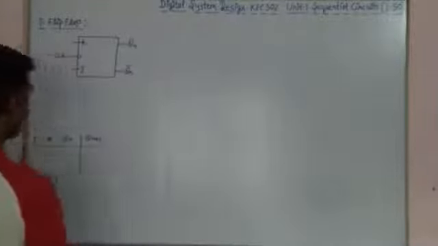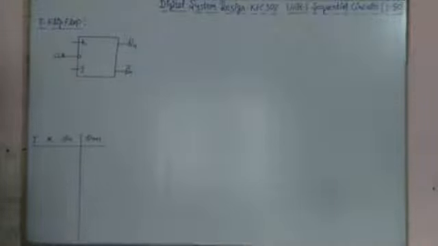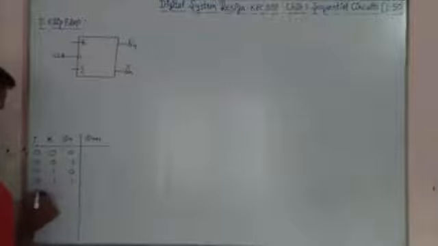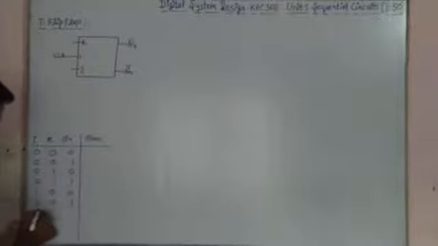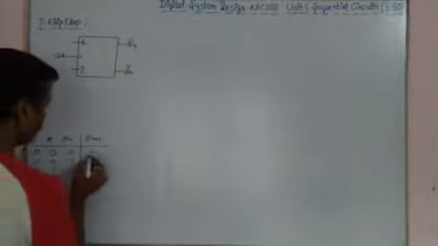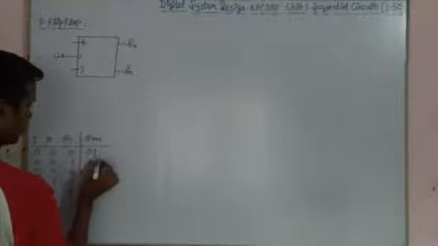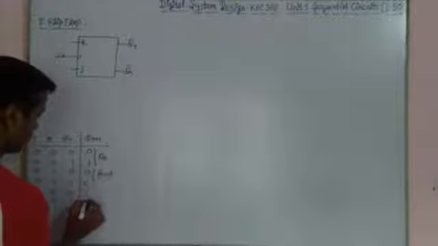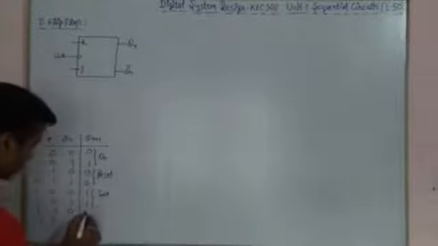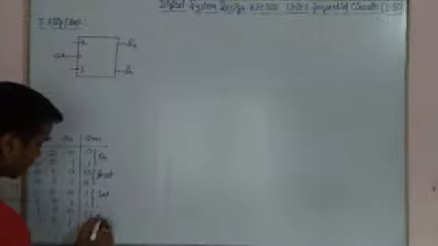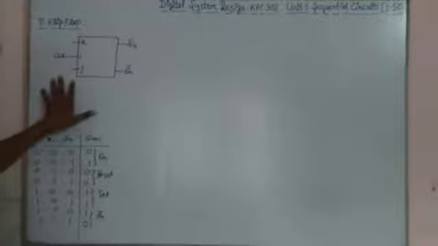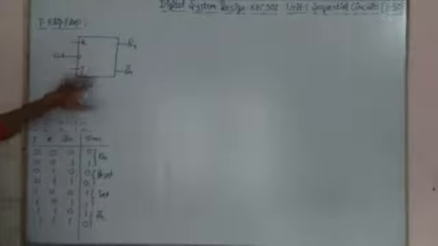This table you will have to remember for the future. 0 0 0 0, 0 1 0 1, 1 0 0 1, 1 1 0 1, 0 0 1 1, 0 1 1 0, 1 0 1 1, 1 1 1 0. The output you will have: 0 0 gives Qn, that is no change, 0 1 is reset, 1 0 is set, and 1 1 is the inverter, toggle.